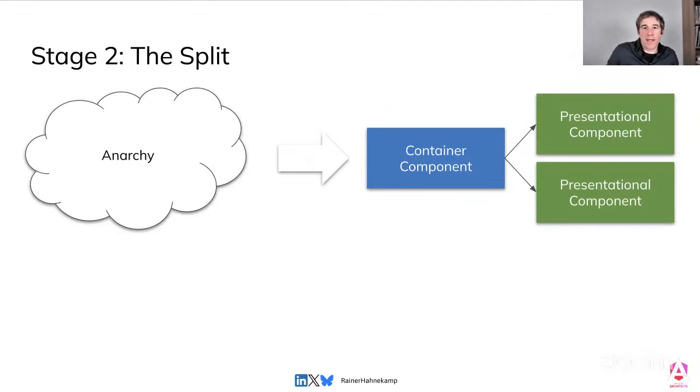I want to split it up. And then I can say the visual part, the presentational stuff, the template and the CSS, goes into a separate component. And the rest, which is very likely the logic, the TypeScript we write, that stays in my component. So the component that I started with now becomes what we call a container component. And the code that we extracted is now becoming the presentational components.